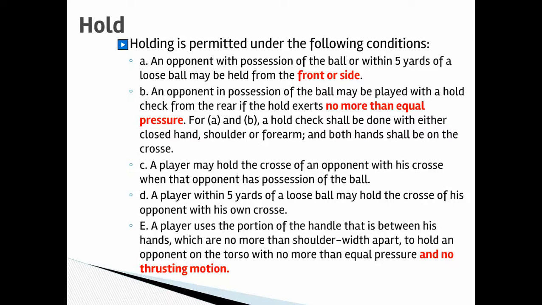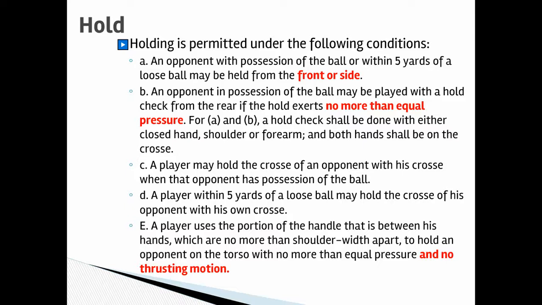What is equal pressure? We've commonly referred to this as the cross-check hold, and this hold check needs to be done with the hands closed, forearms or shoulder, and both hands should be on the cross. So when you are holding him from the front or side, you want to make sure you don't exert more than equal pressure. You shouldn't have a thrusting motion in there.